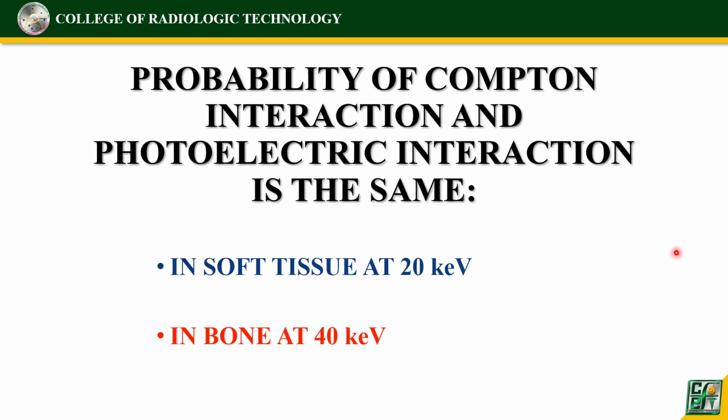Okay? The probability of Compton interaction and photoelectric effect is the same. In soft tissue, they occur at 20 kilo electron volts. In bones, they occur at 40 kilo electron volts.